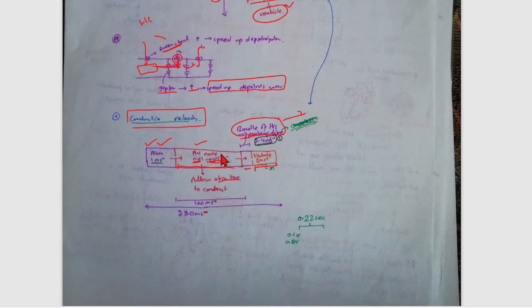Now you have to remember that the total time is 220 milliseconds, and 100 milliseconds of it is taken in the AV node. That is 0.22 second in total: 0.1 second in the AV node and 0.12 second in the atrioventricular Purkinje fibers.